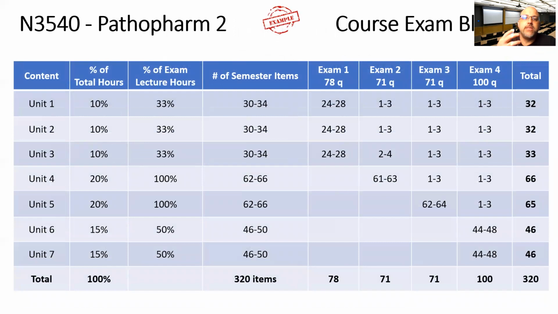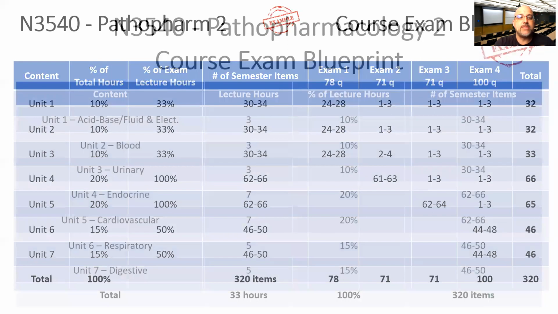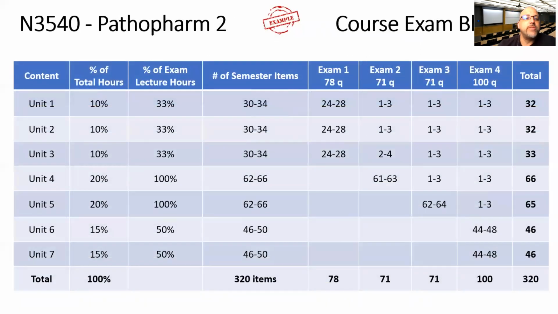And then this grid talks about each of those units, again, 1 through 7, the percentage of total hours again, which is the same from the previous slide. You see it just transferred over here. Then it's the percentage of exam lecture hours.